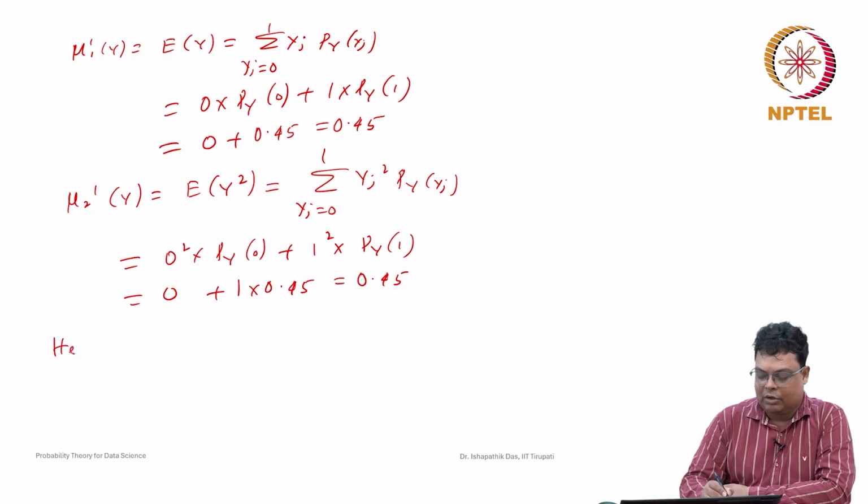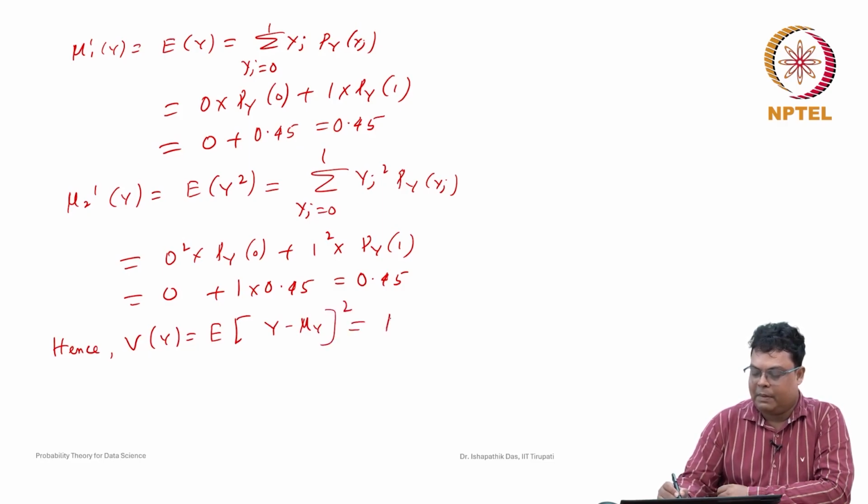Hence the variance of y is nothing but, by definition, the expected value of y minus mu y whole square. Its simplified form is mu2 dash y minus mu1 dash y whole square. So this mu2 dash y is 0.45 minus mu1 dash, also the same 0.45, whole square.